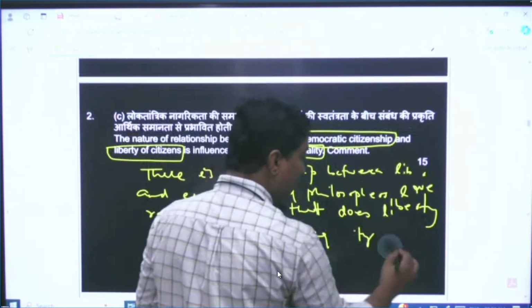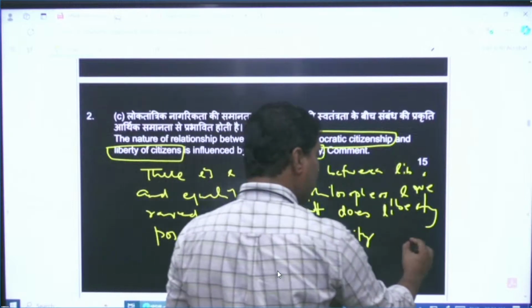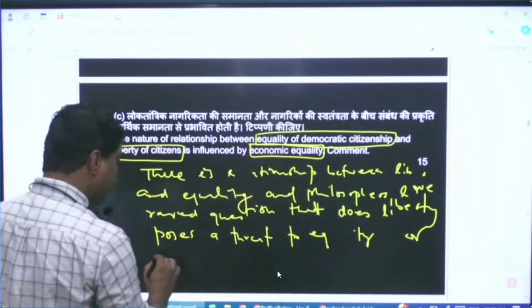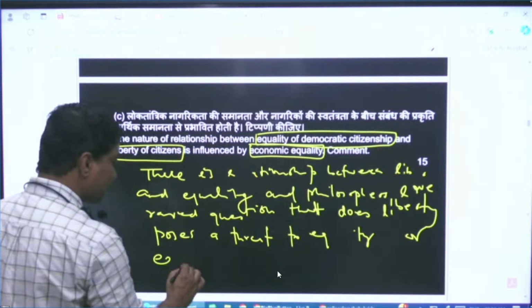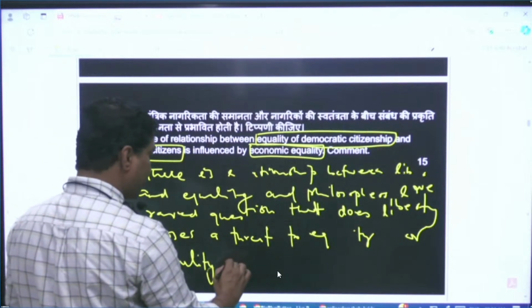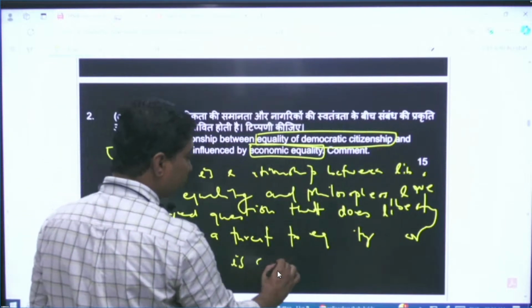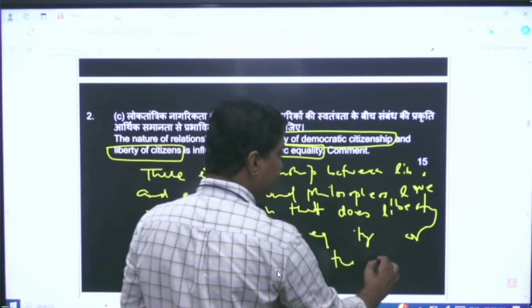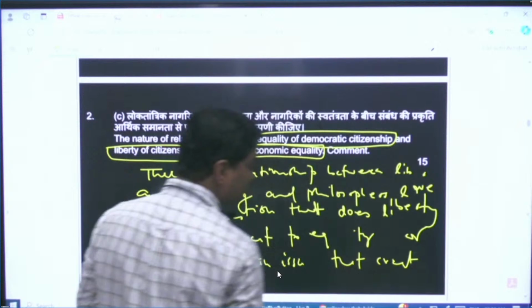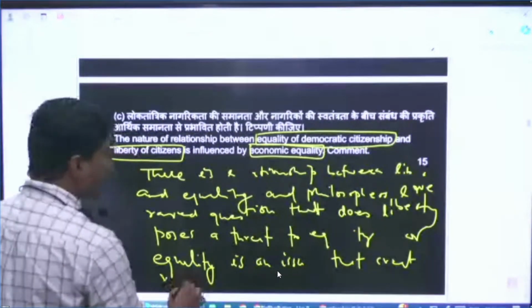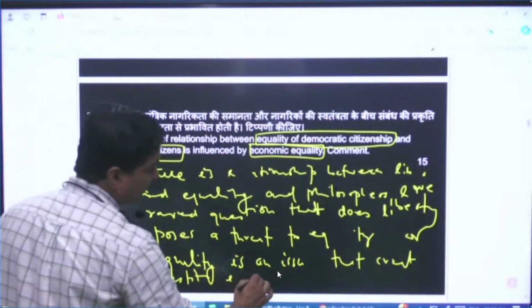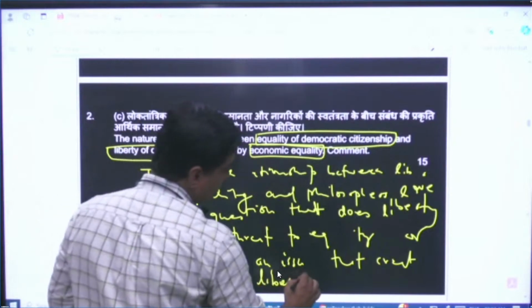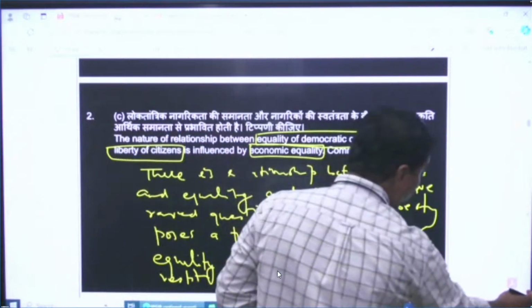Or is equality an issue that creates restrictions on liberty, right? Now there are two perspectives.